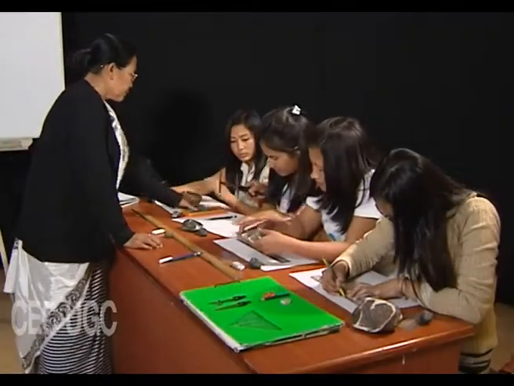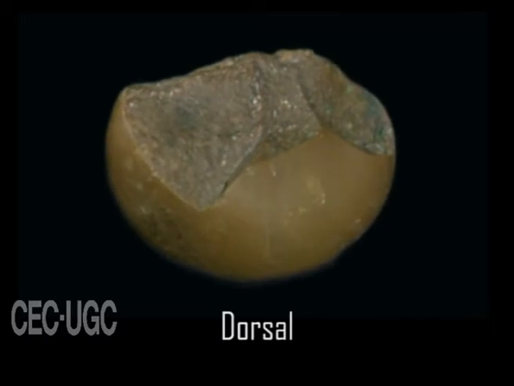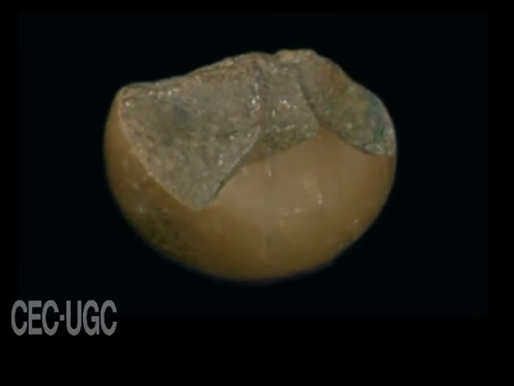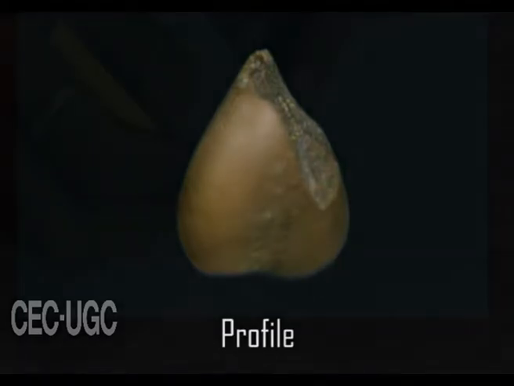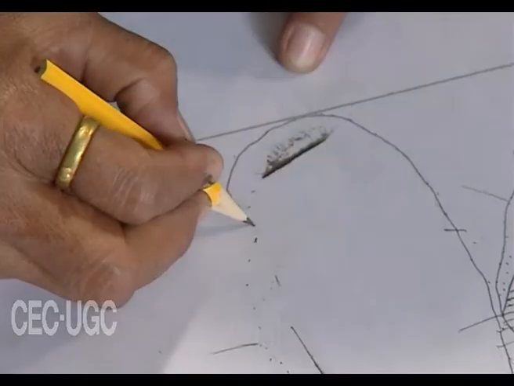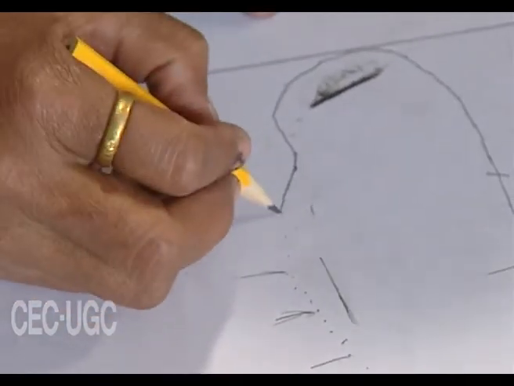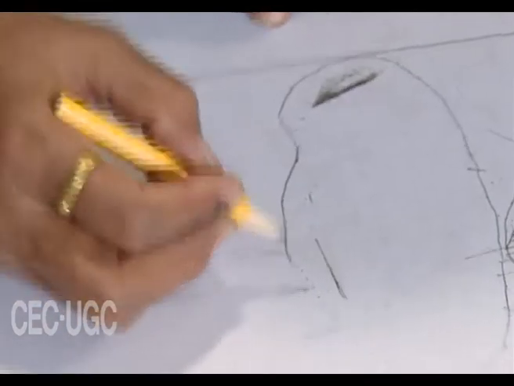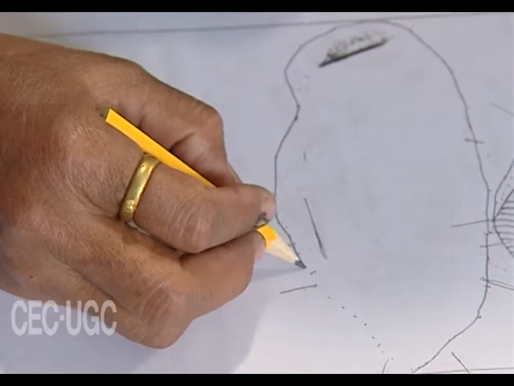Students are further instructed to draw the dorsal surface of the given specimen, either chopper or chopping tool. The next step is to draw its profile view, showing its line of profile accurately and clearly.